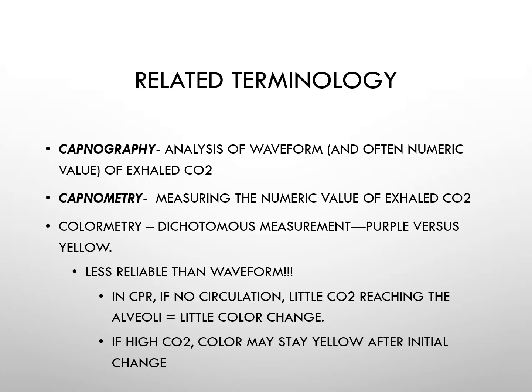For a high CO2, the color may still say yellow after an initial change because the level is so high, there's so much CO2 being expelled, that the color change does not happen as it would without a CO2 that's that high.